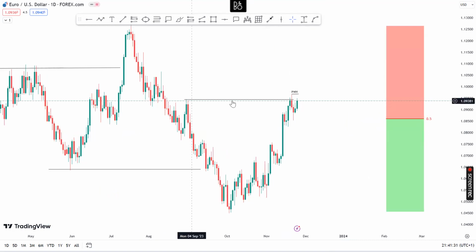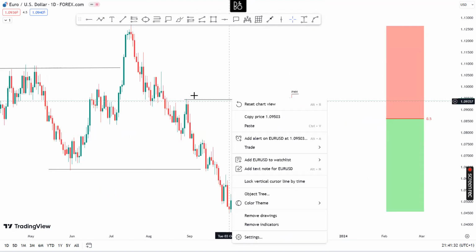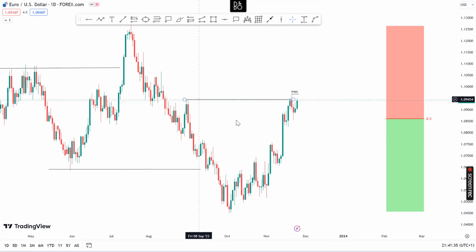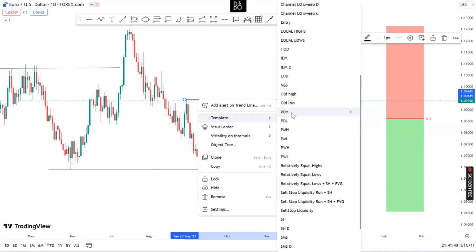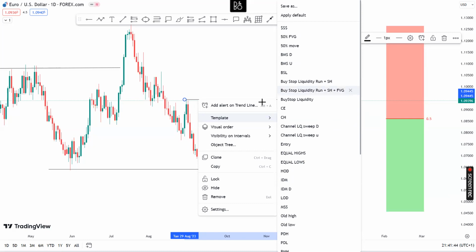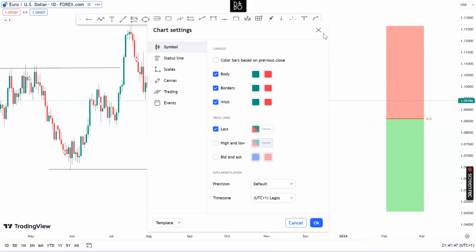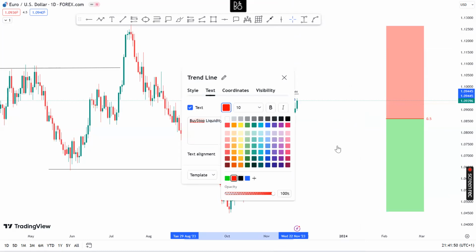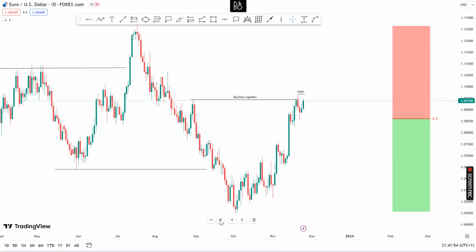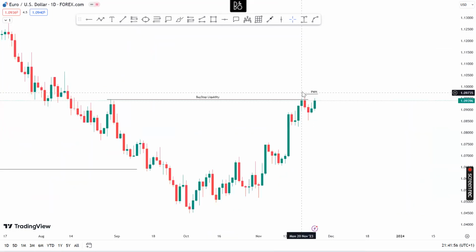So the first buy stop liquidity was taken out last week. Change the color to black. That gave us a stop hunt last week before this drop. So in this coming week, I'm expecting this previous week high to be taken out.